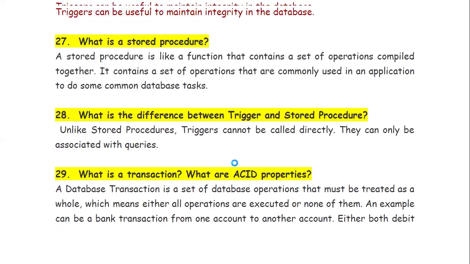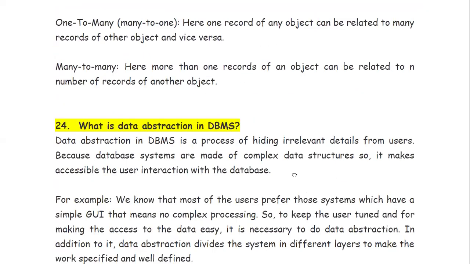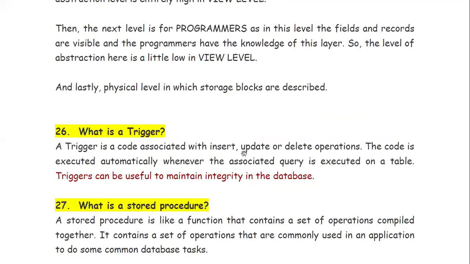Well, let's come to the next question. What is a trigger? A trigger is code associated with insert, update, or delete operations. This code is executed automatically whenever the associated query is executed on a table. Triggers can be useful to maintain integrity in the database. Let me explain in a simple way: suppose some condition C1 is there.